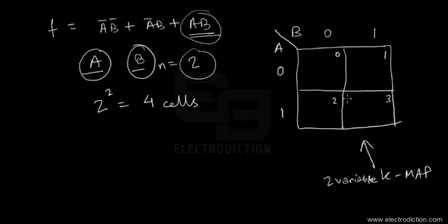In this particular K-map, as you can see, each of the cells represents a particular combination of the minterms. Here the combination of the variables a and b, since it's a SOP format of representation, the first cell would represent the minterm a bar b bar.